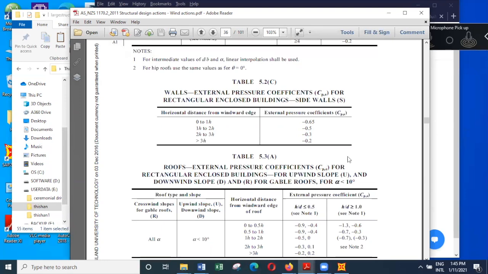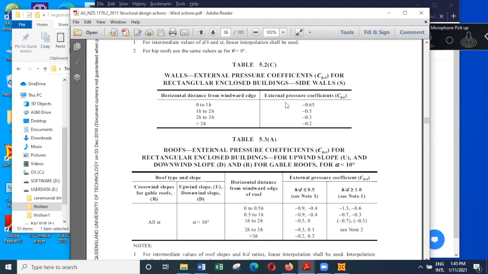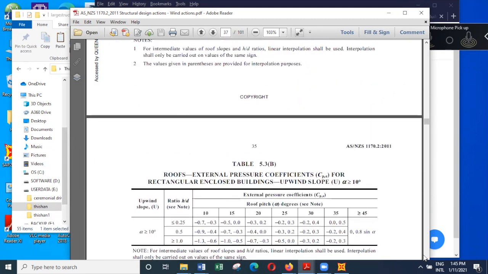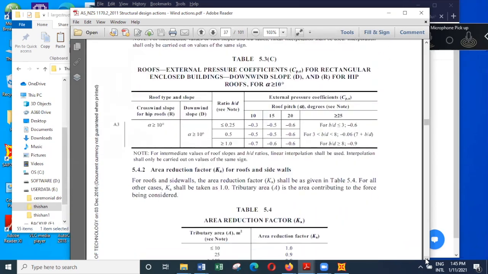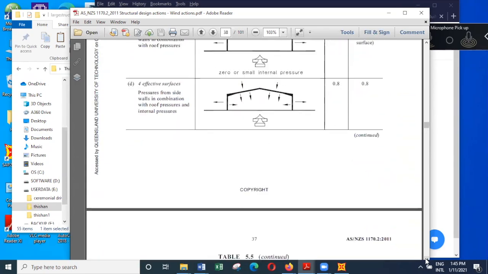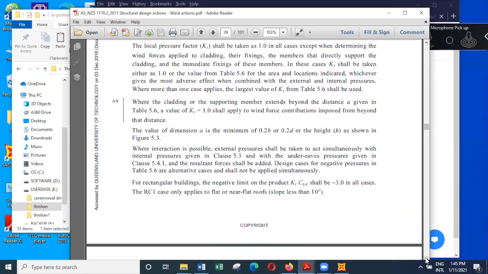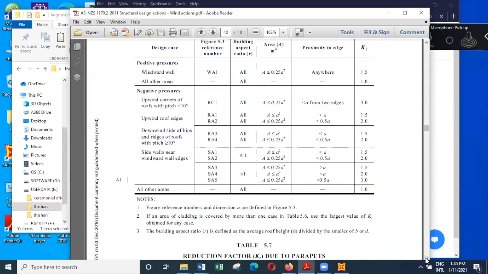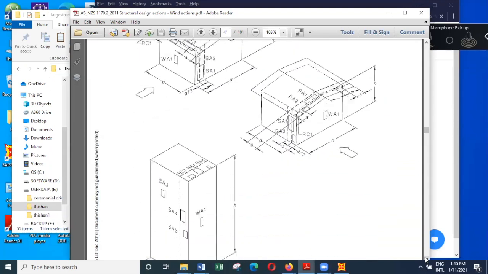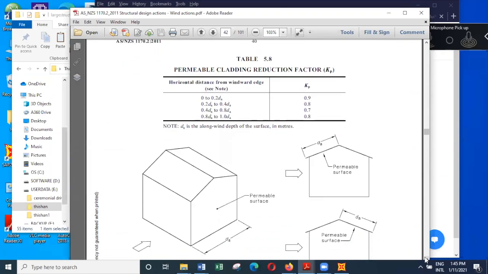And also the wind suction on side walls is also given. And then it goes on to various other parameters that may not be directly applicable to us, and these with parapet walls and all kinds of situations.